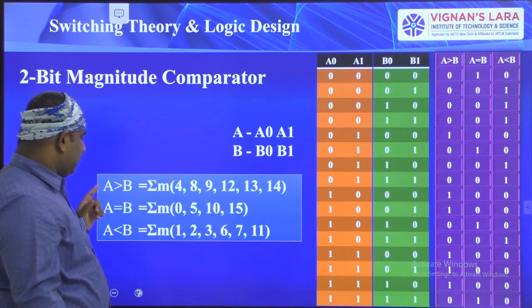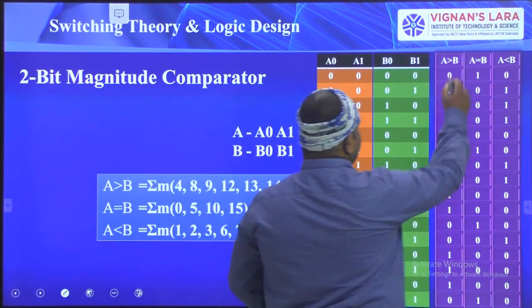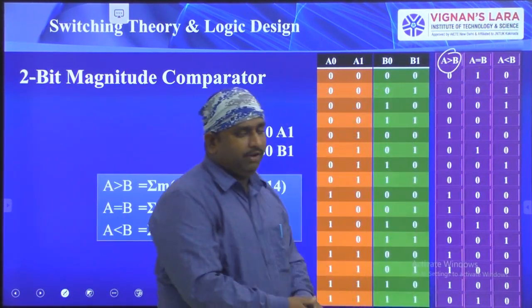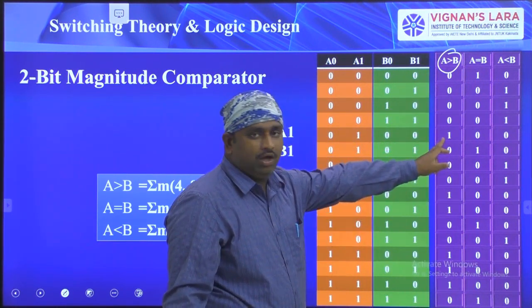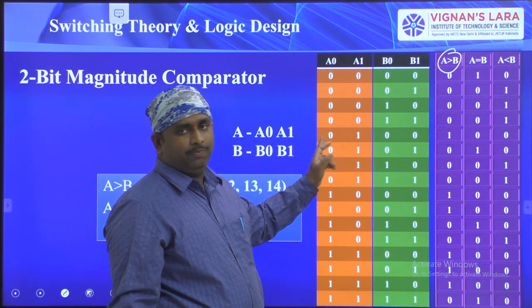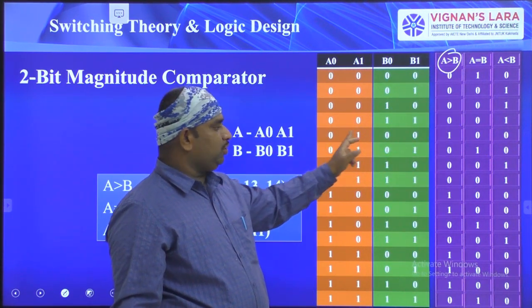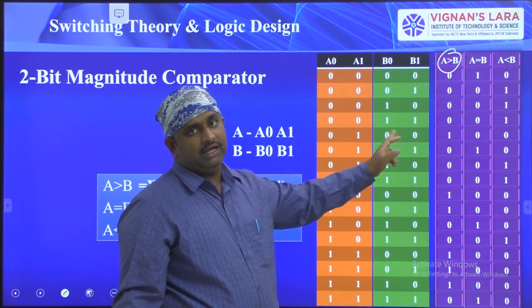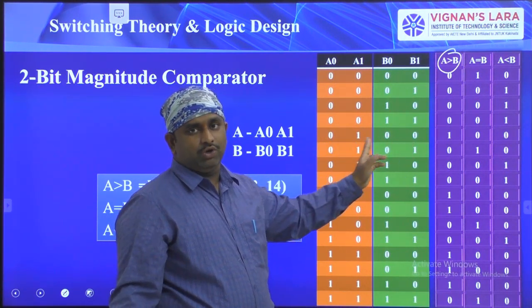So see here, I have written A greater than B is equal to, so see here the first combination A greater than B. Whenever the value of A greater than B is equal to 1, check that and identify the input combination. So A greater than B, here it is 1. So the combination 0, 1, 0, 0 seems to be like a 4 value. The min term, check that. So 0, 1, 0, 0.